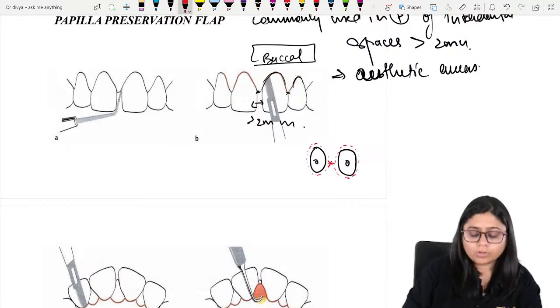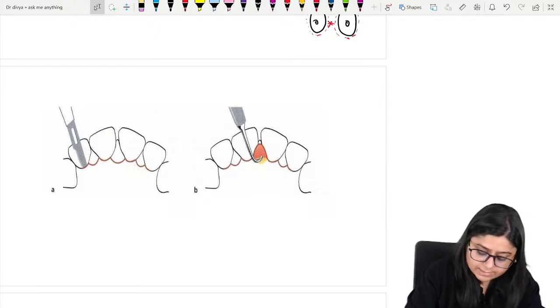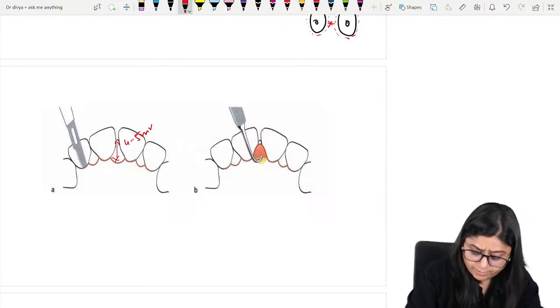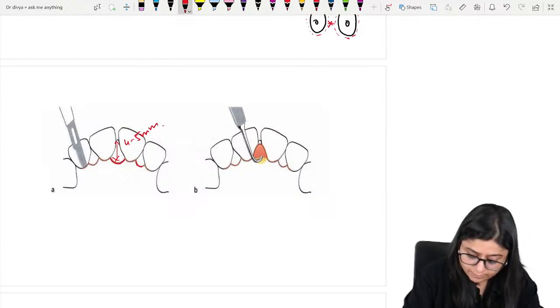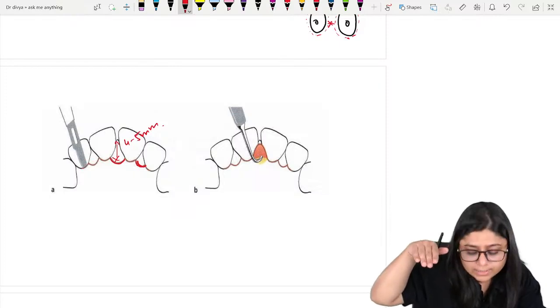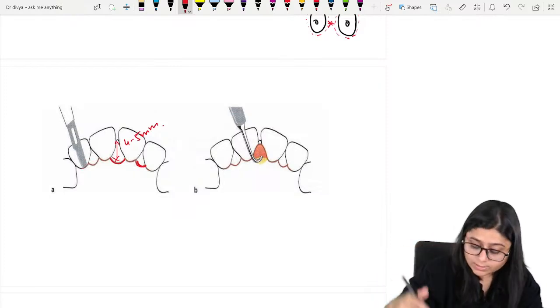Then we move back to the palatal side, and on the palatal side at a distance of about 4 to 5 mm, a semicircular incision is given. We penetrate up to the periosteum.